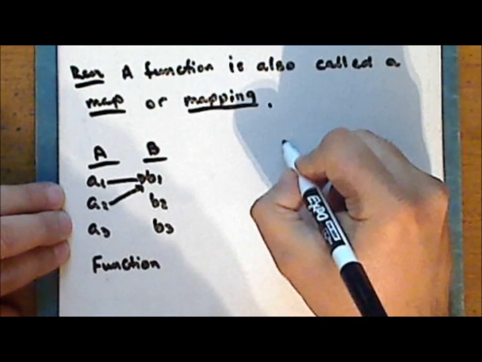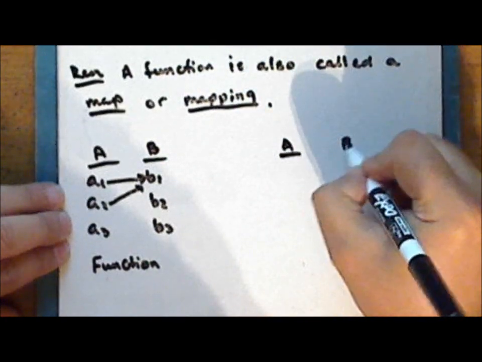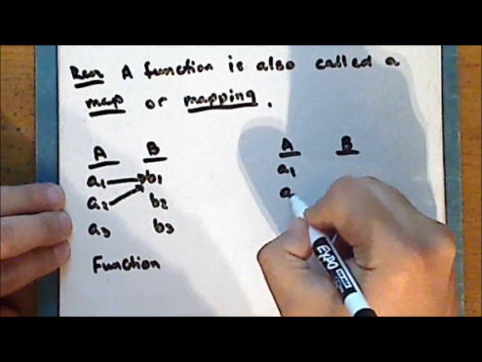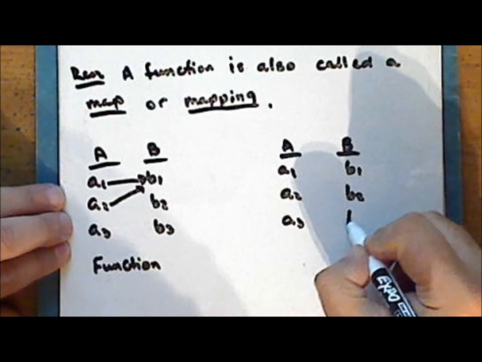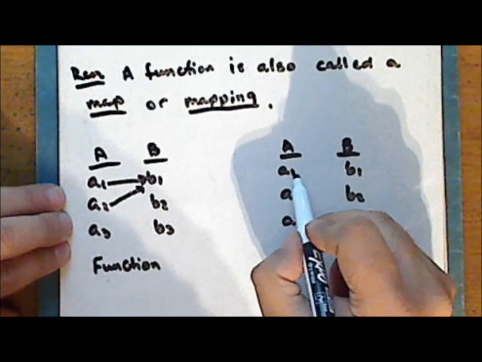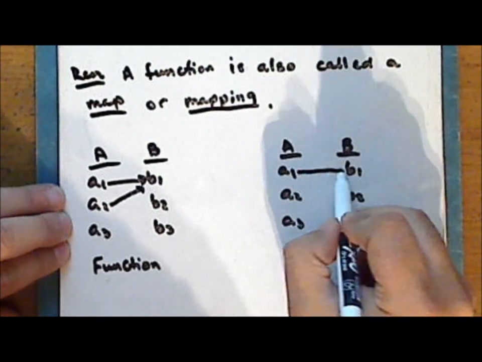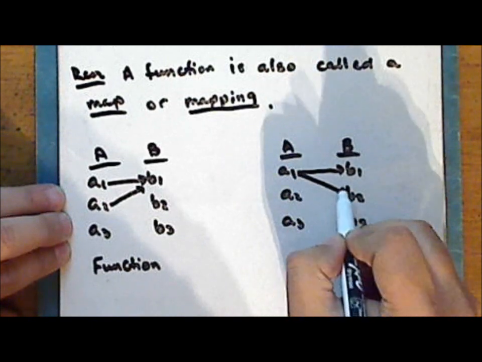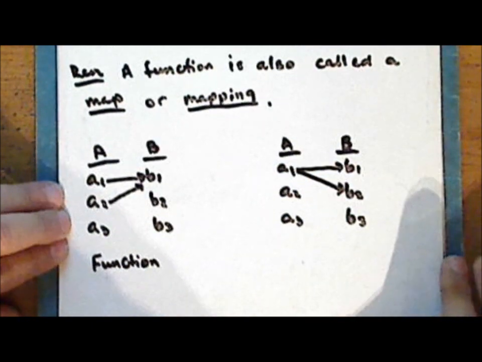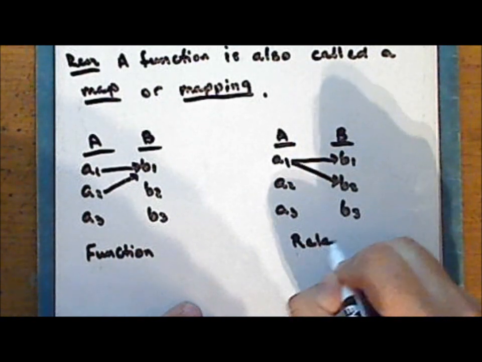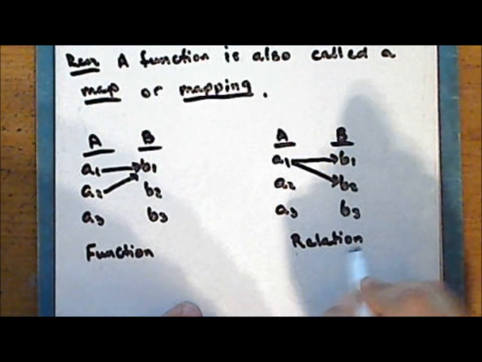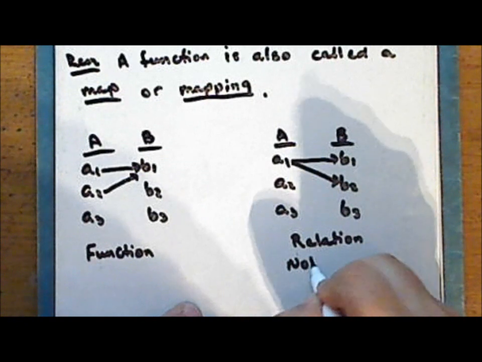Now, if instead a single element in the first set is paired with two separate elements of the second set, then we have a non-empty relation, but this relation is not a function.